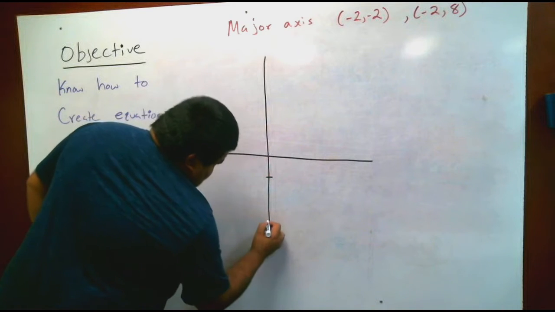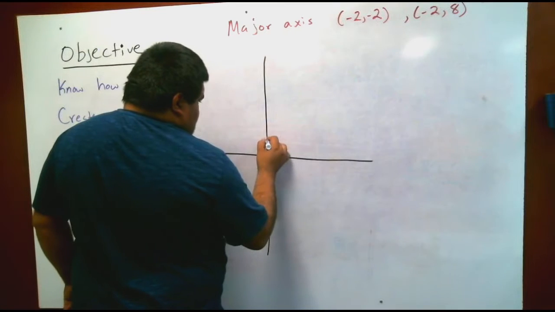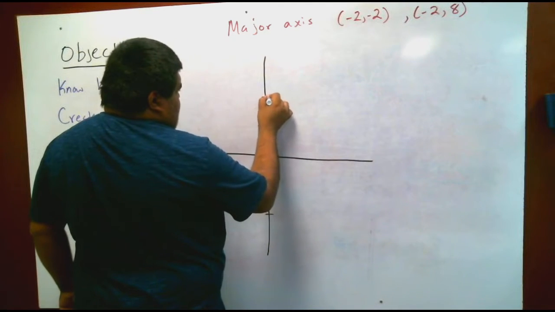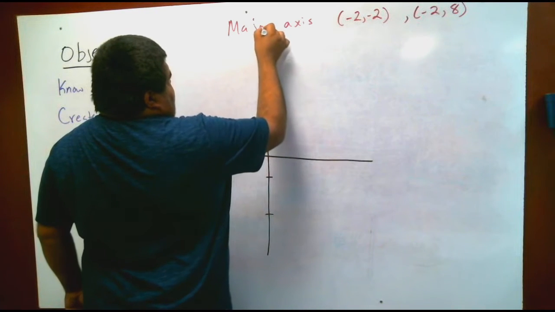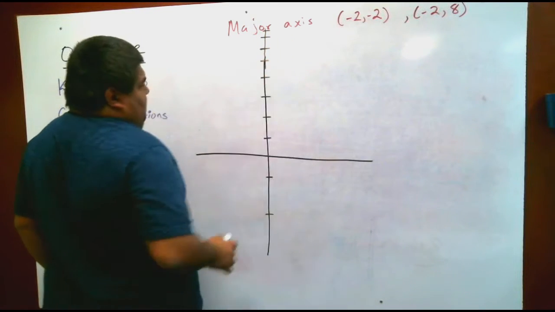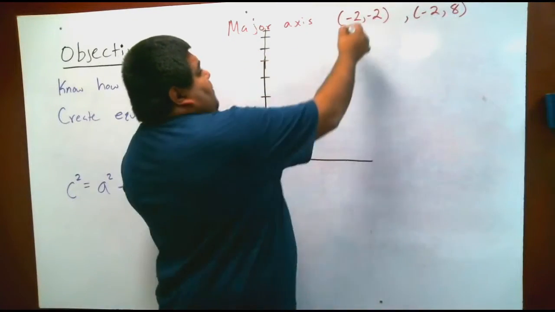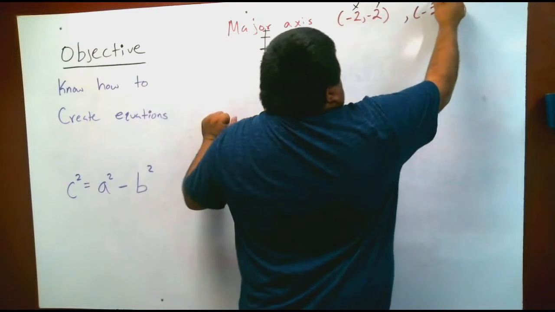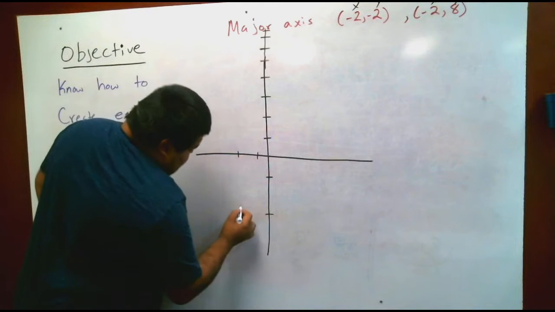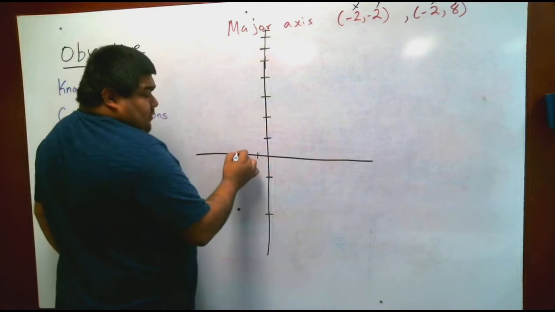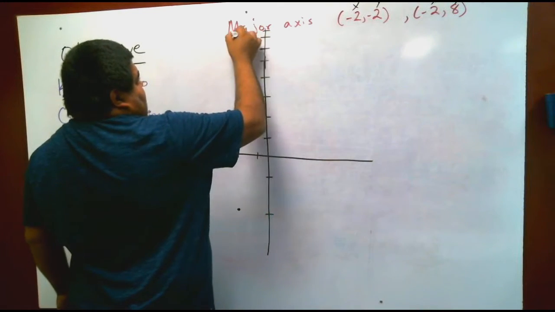Remember, our x-coordinate on both is -2. So all we have to do is plot our point (-2, -2), and then -2 on the same axis, just go up to 8. 1, 2, 3, 4, 5, 6, 7, 8. Okay?